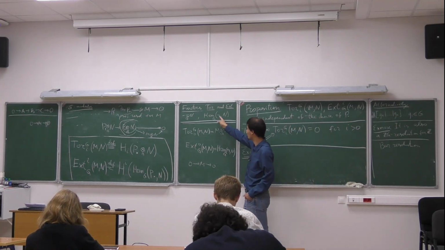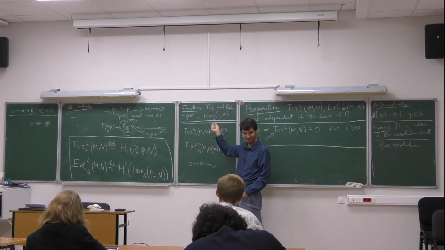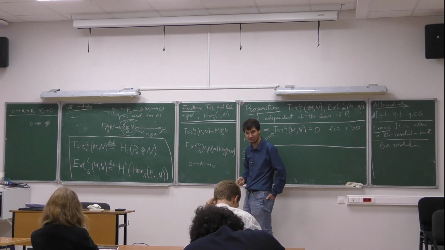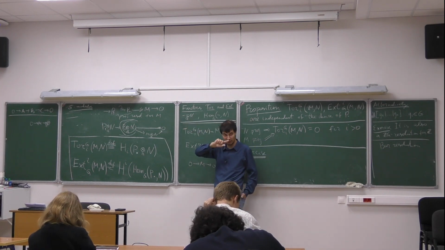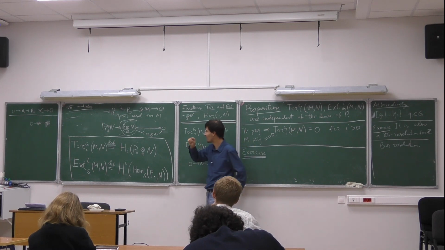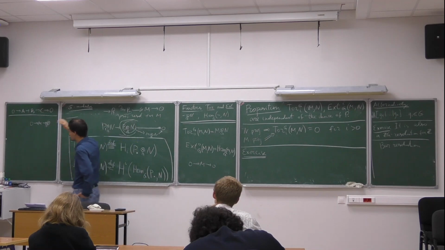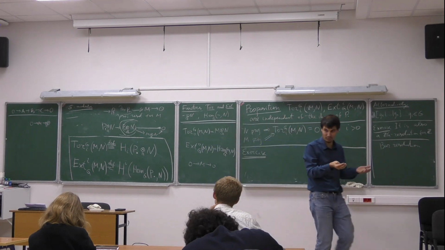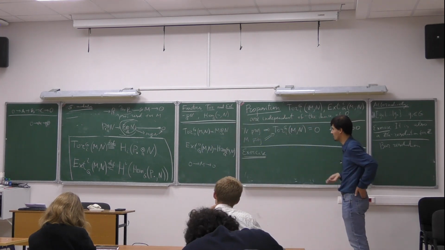The functor Hom is not symmetric, by the way. It's covariant in one variable, contravariant in another. But the tensor product is symmetric. When our ring is a group ring, and we consider it as a functor on the category of left G-modules, then it becomes symmetric.